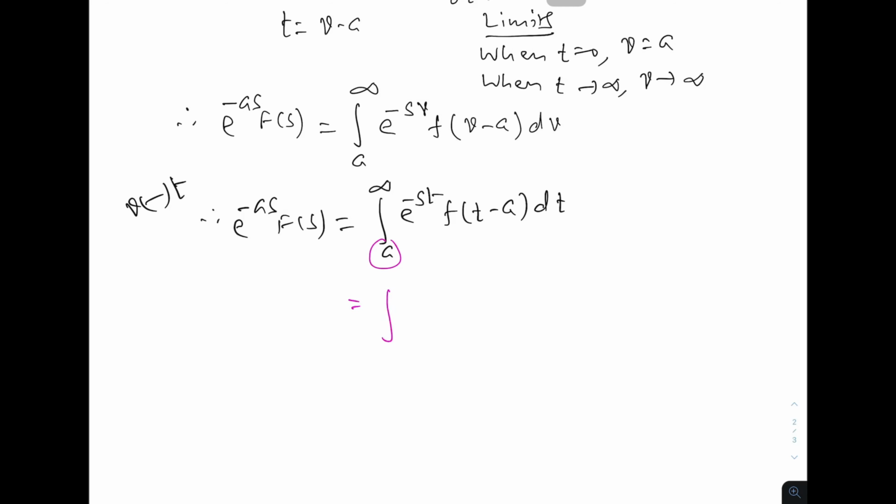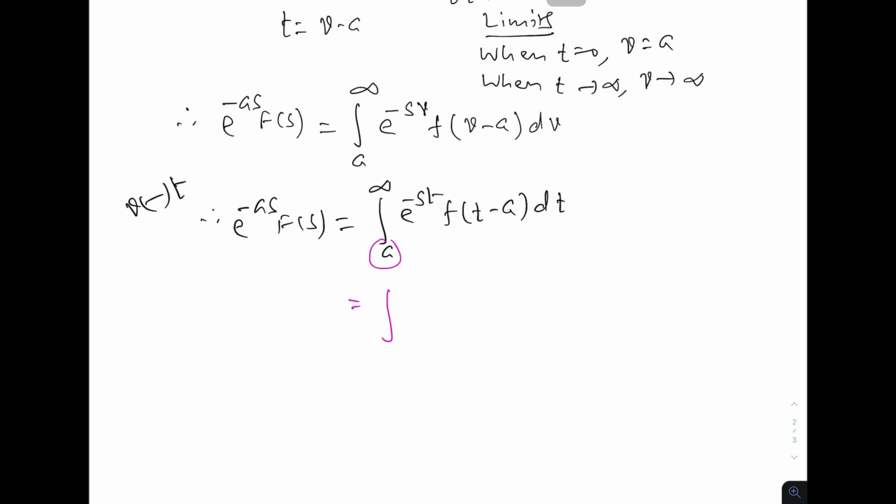So we can write this part as e power minus st f of t minus a, but now I can write this as u of t minus a, because u of t minus a has value either 0 or 1. So here we have value 1 in a to infinity. So instead of 1 we are writing u of t minus a, and this a to infinity we write 0 to infinity without any problem, because in 0 to a the value is 0.